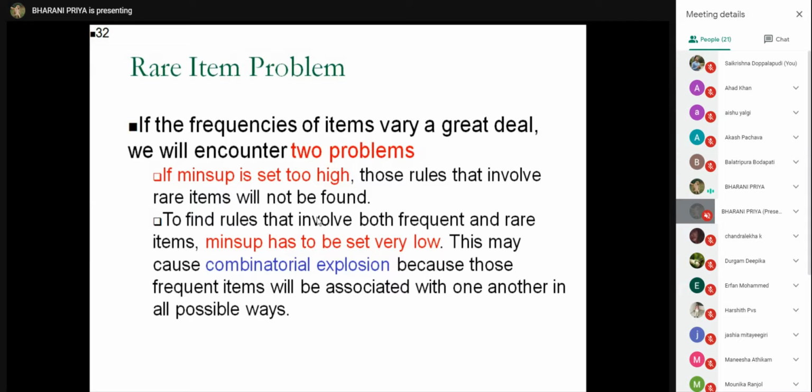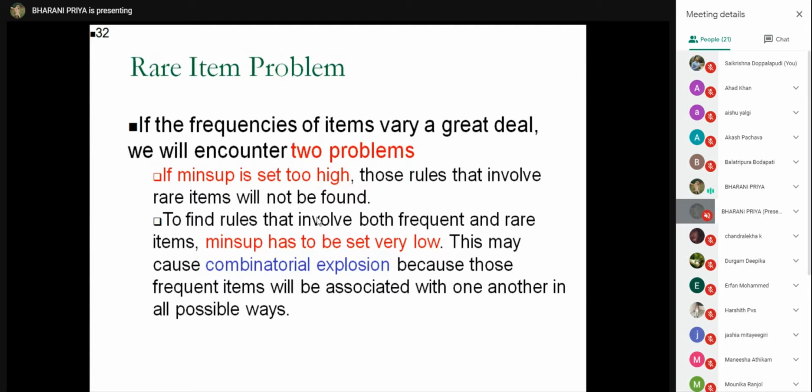If you want to find the rules that involve both frequent and rare items, minimum support has to be set low. If we set the minimum support low, then you will get a large number of rules that leads to combinatorial explosion. If you have too many rules, you cannot identify which rule is useful to us. Have you understood?